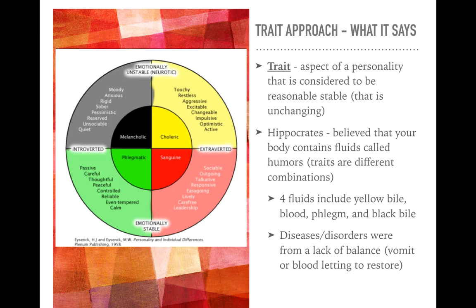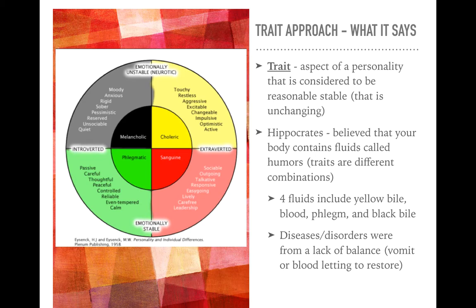He called these fluids humors. If you ever see the term humor, that's essentially what he's talking about: your trait. The 4 fluids in your body are yellow bile, black bile, phlegm, and blood. Those were the four fluids that essentially made up your personality, and how much yellow bile or blood or phlegm you have in your system dictates your personality and these traits that you might have.